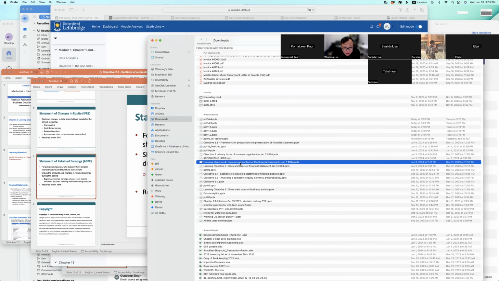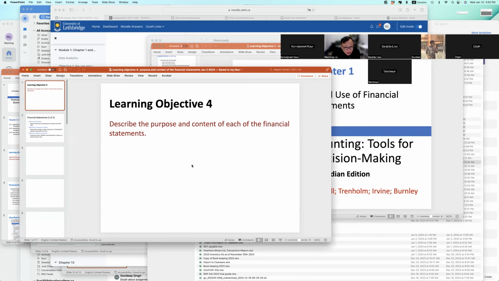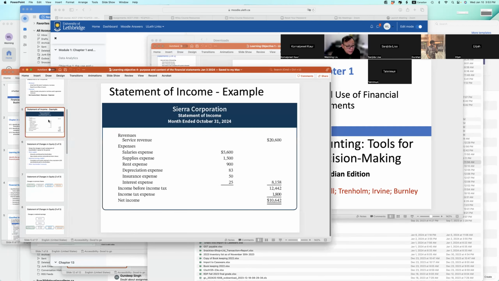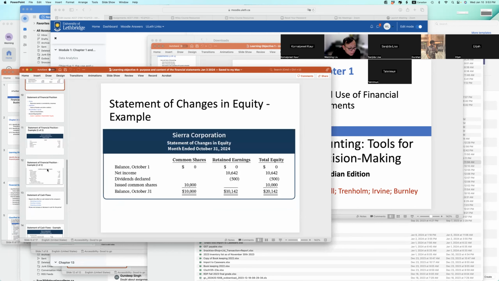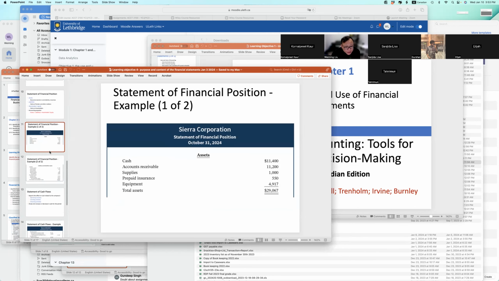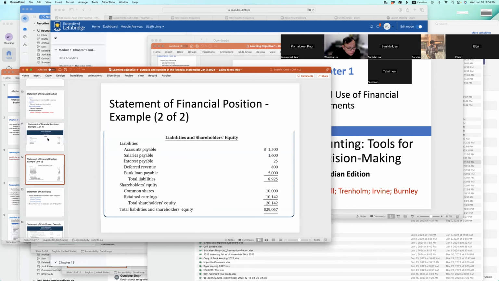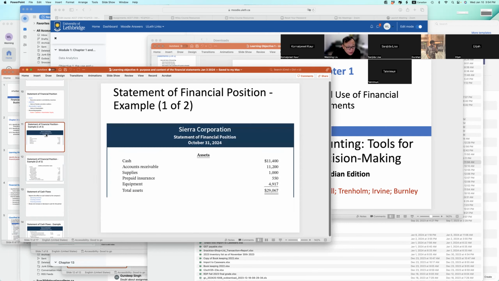Here. Okay, so here we have some information. So this is my statement of financial position.